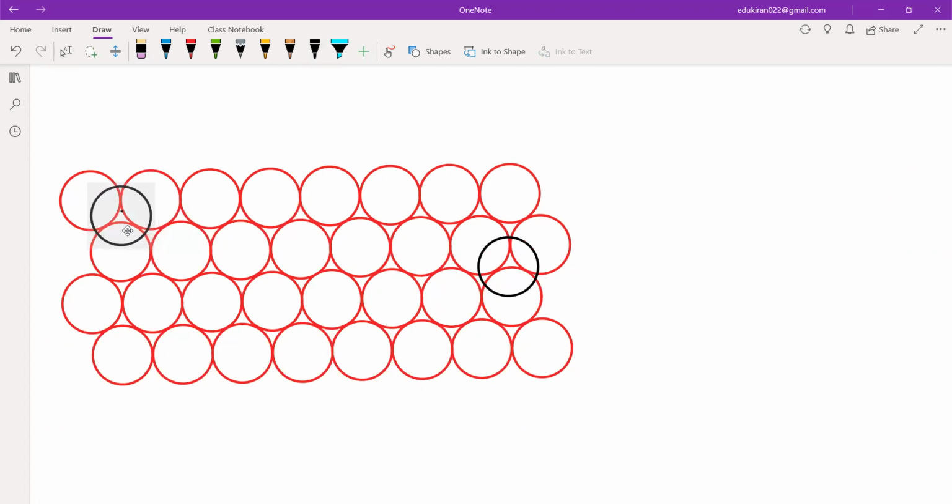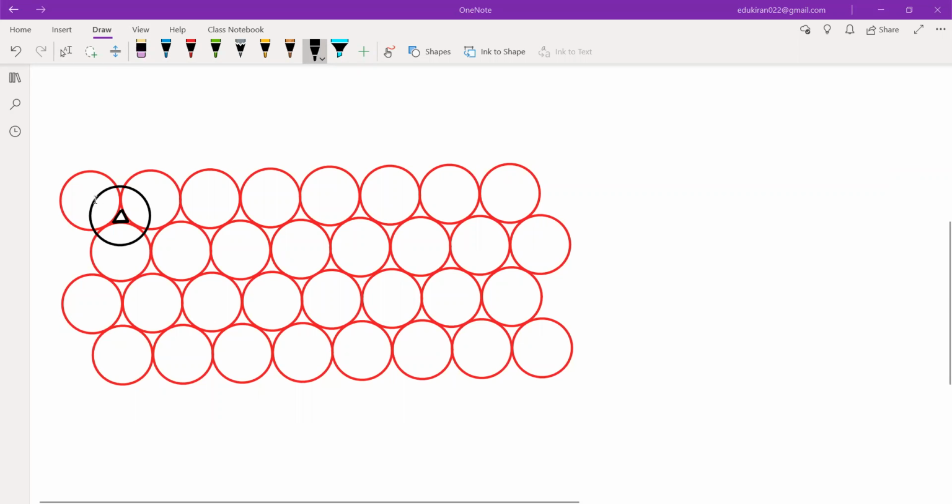As soon as I have placed this atom on the void that is made by 3 atoms, this void that was triangular in nature initially has now become a tetrahedral void. Is that clear? Yes or no? When the black atom was not there, it was a triangular void. As soon as I kept the black atom, it became a tetrahedral void. Is this clear? Yes, sir.